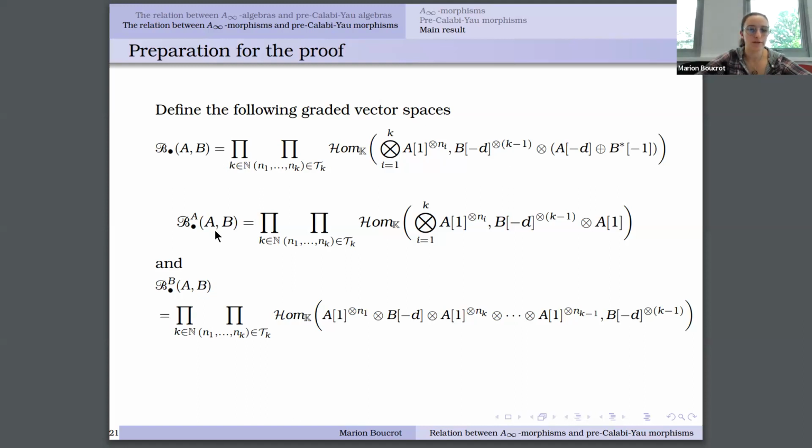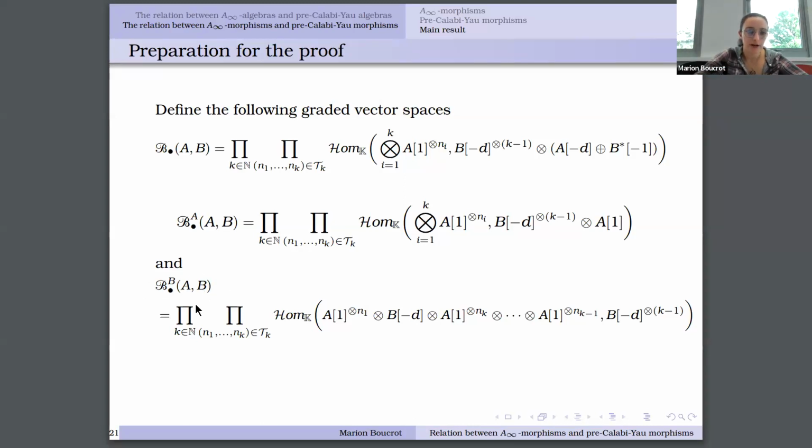I will also define BA of AB, which is the same product here, and it's almost the same as before, but here we have as last output only A shifted by 1, which is in fact A shifted by minus D shifted by D plus 1.